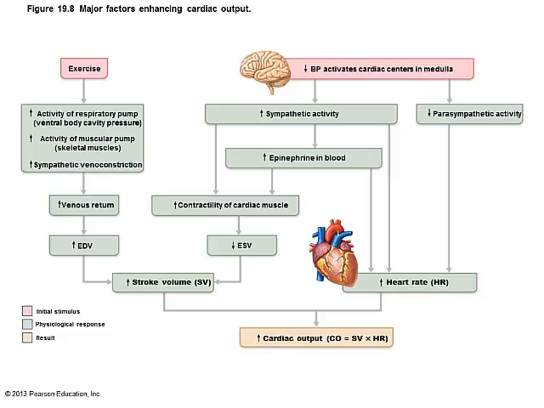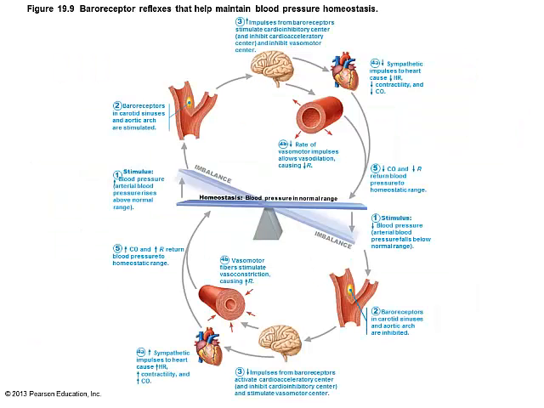So understand short-term regulation, neuronal controls. Understand that the central nervous system is responsible for helping to control heart rate, which in turn helps to control blood pressure. We also have several different places throughout the body that are going to monitor pressure, including the heart, including some of the major vessels that are under pressure.